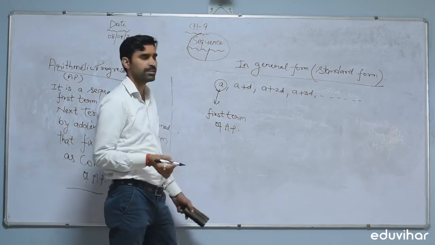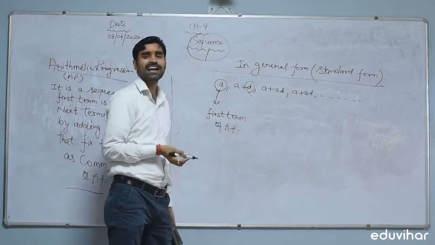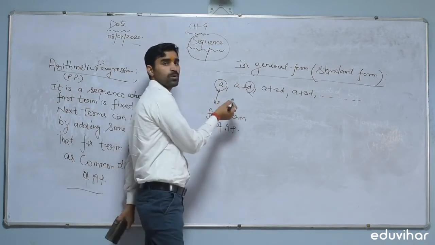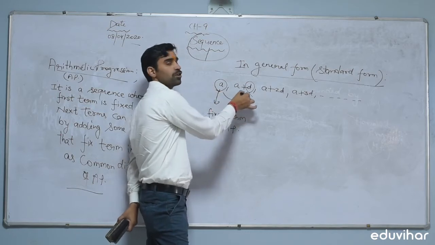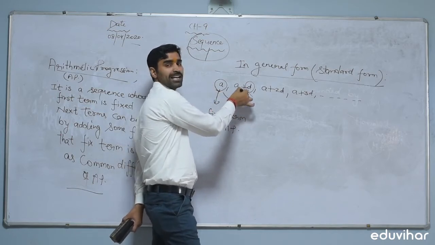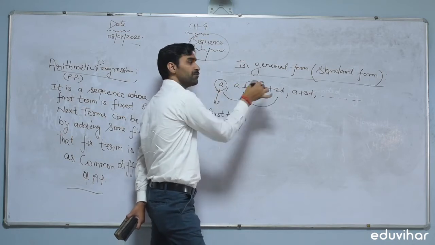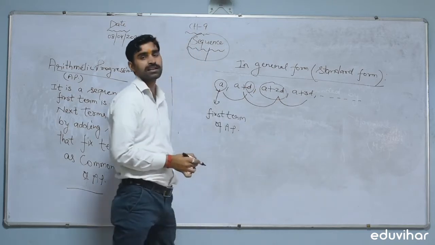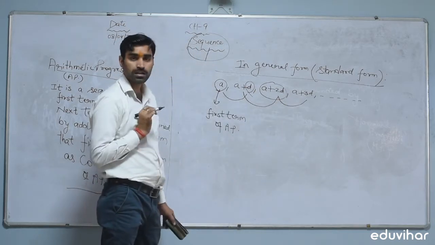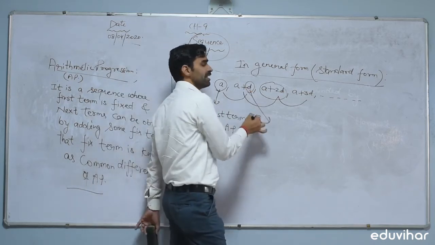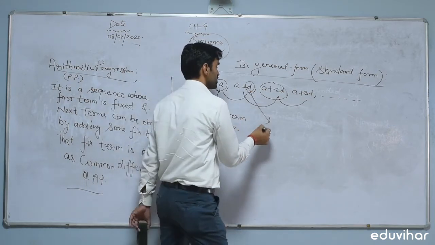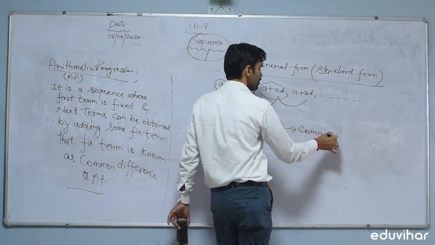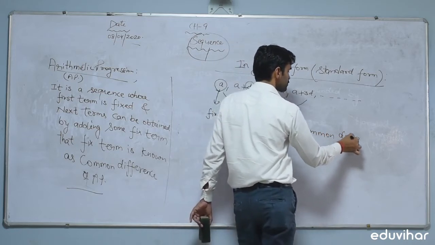As we observe, small d is added to the previous term to obtain the next term. If we add d to A, we get A plus D. If we add d to A plus D, we get A plus 2D. If again we add the common difference to A plus 2D, we get A plus 3D. In this way, we observe that small d, which is added to each term, is known as the common difference of the AP.